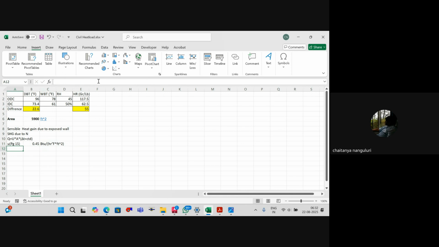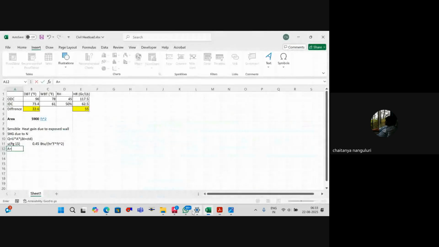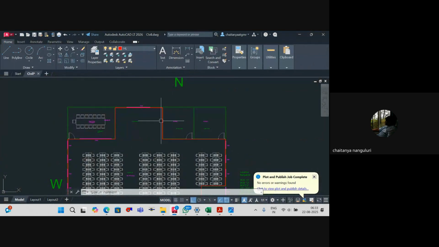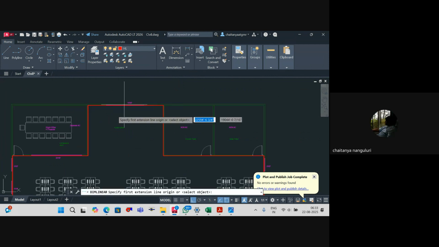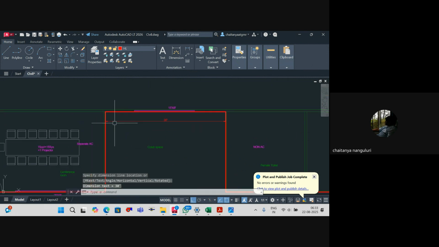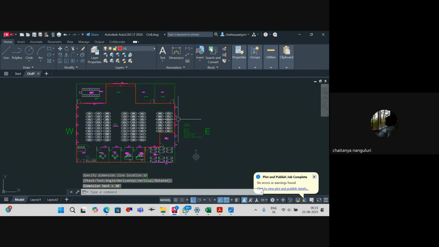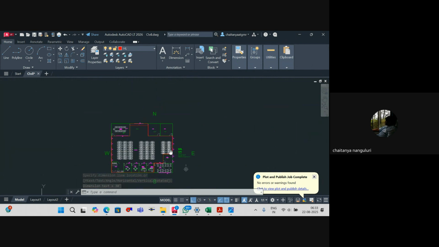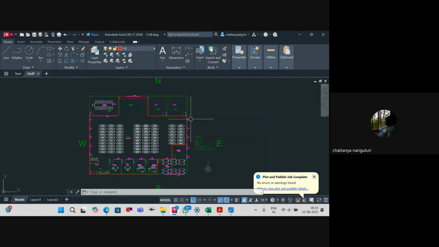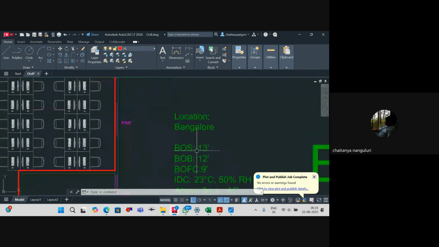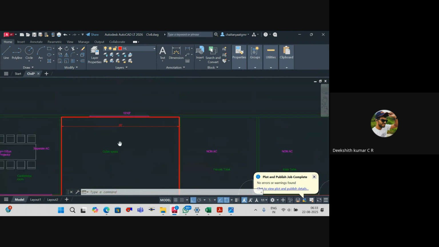Now, don't you think you have to calculate the area? What is the area here? Area is nothing but length into height, right? This length is how much? 30 feet. Height is how much? I've already given the floor-to-slab height as 13 feet. So the area will be 30 into 13.